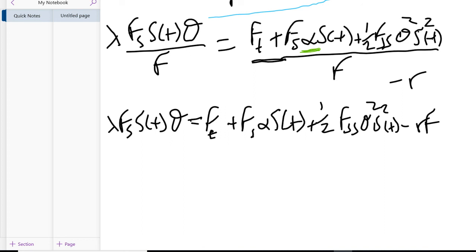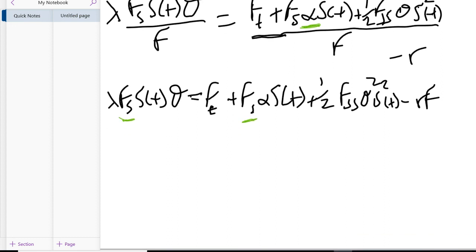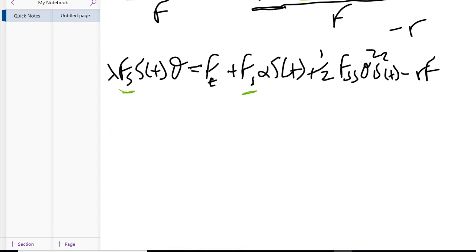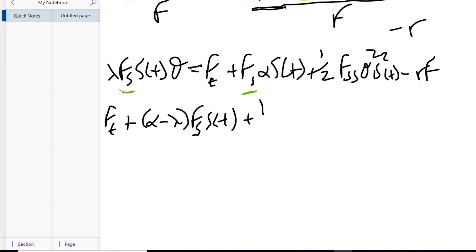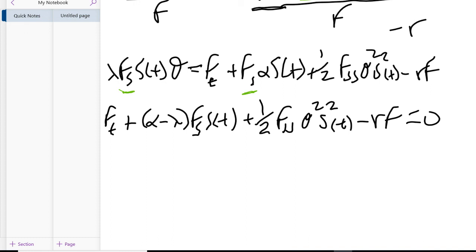So let's move everything to one side, and note that we have two f terms, so condensing those will finally leave us with the first partial with respect to t plus, and then we're going to have alpha minus lambda sigma partial s t plus 1/2 second partial sigma squared s squared minus r f is equal to 0.